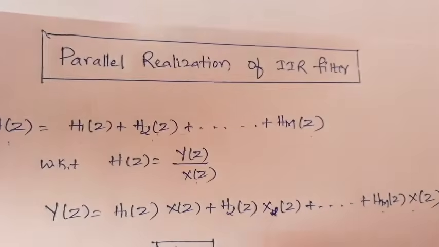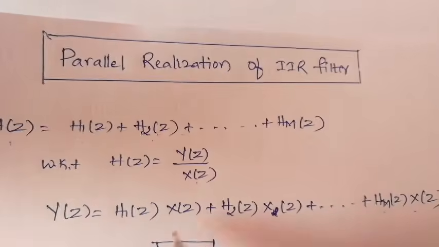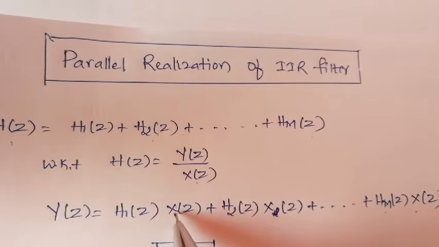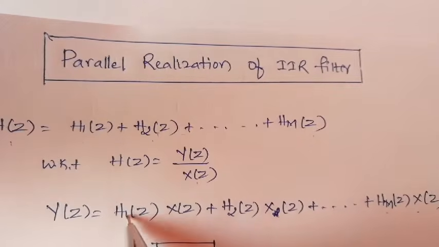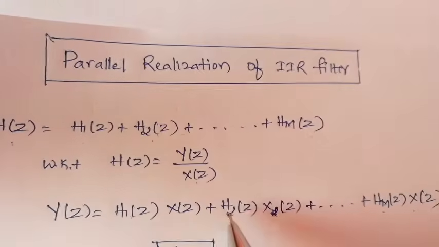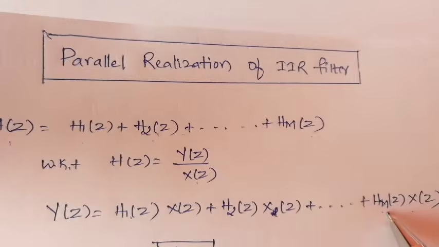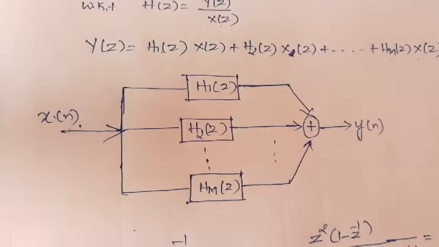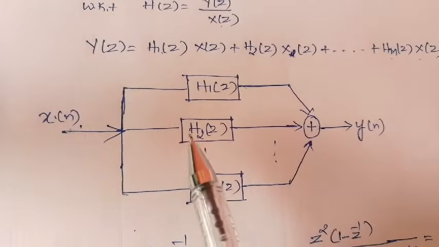It means from this equation we come to know that the input is applied in parallel, simultaneously, through all the system functions: H1 of z, H2 of z, H3 of z, and so on up to Hm of z. We are transferring the input sequence x of n in parallel through all the transfer functions.